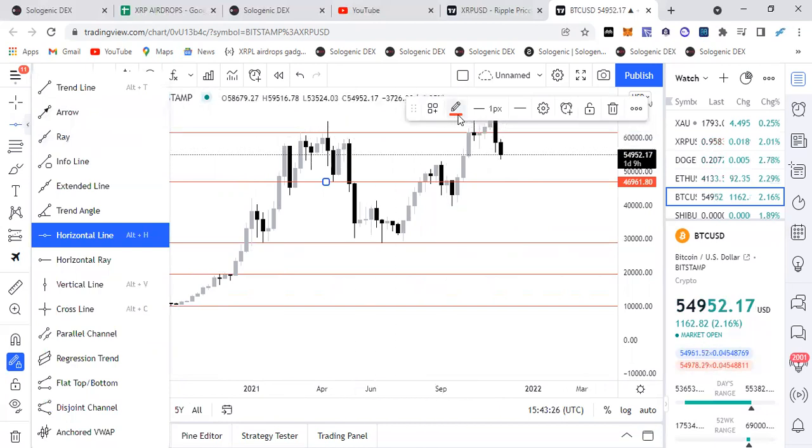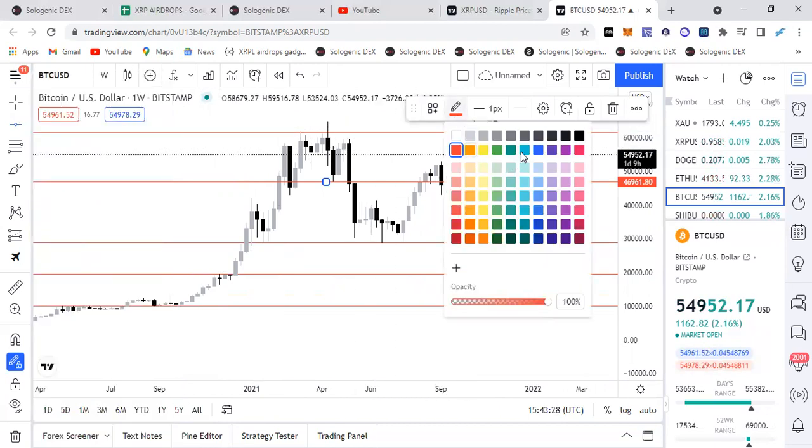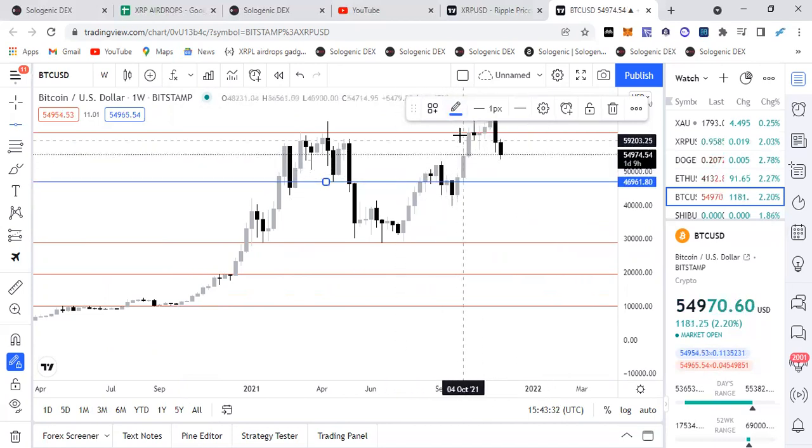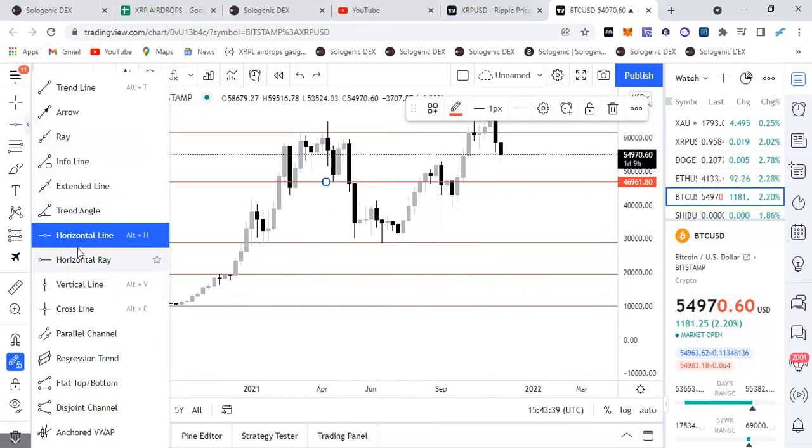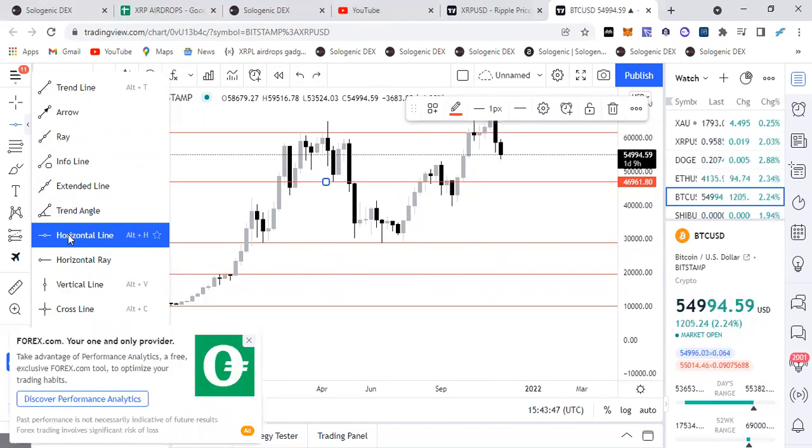When I do this, I change the color on them so I can identify which ones are my monthly, which ones are my weekly, and which ones are my daily or just horizontal rays for hourly time frames. As a trader or someone who is looking in the markets, it's good to have a set of systems that you are accustomed to when you are trading or just looking at these charts.